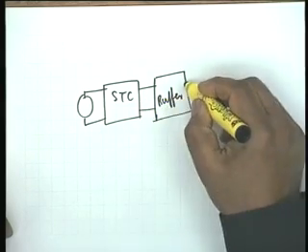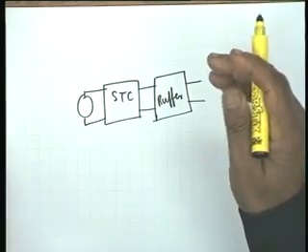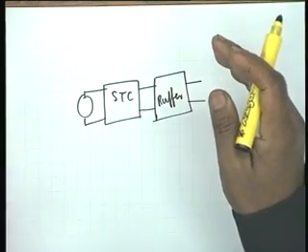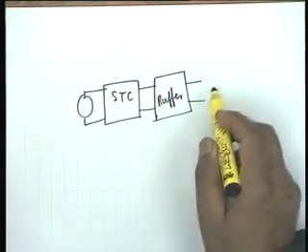Do you know what is a buffer? Buffer is an interface between two stages. The buffer virtually decouples. The buffer has two functions, one is coupling and the other is decoupling. The buffer decouples the response of the previous stage and the succeeding stage.